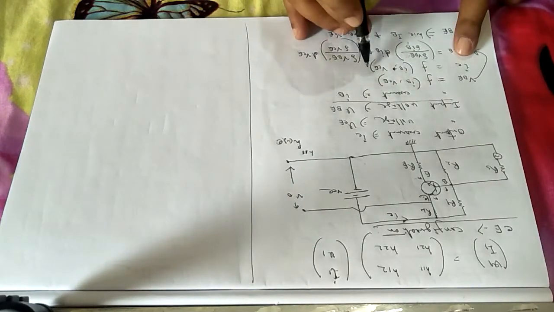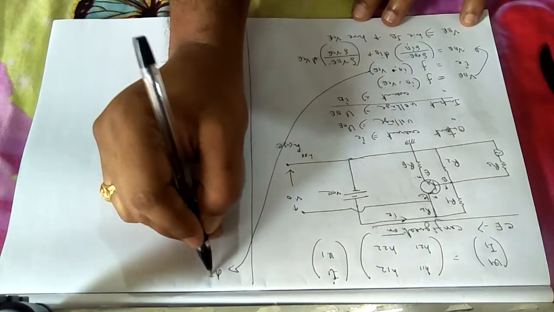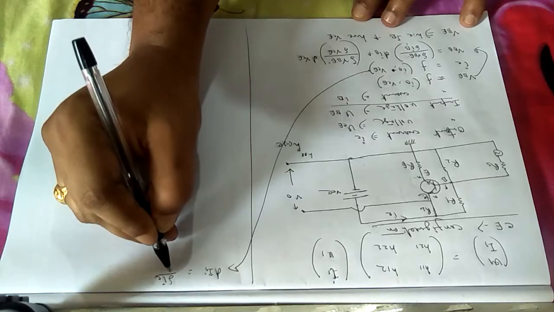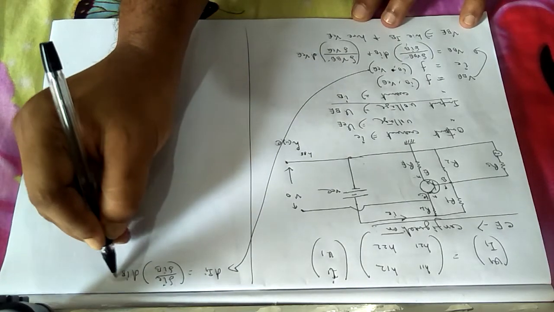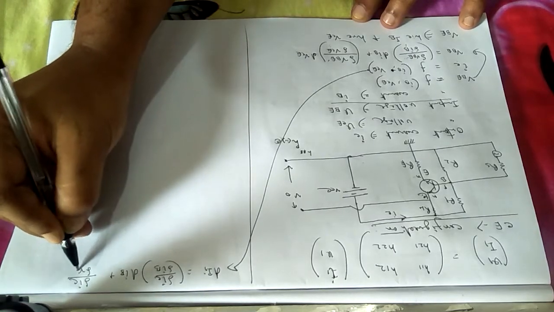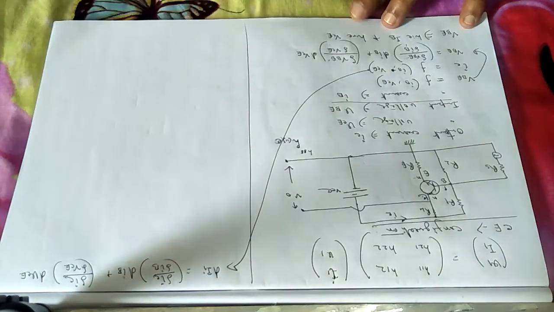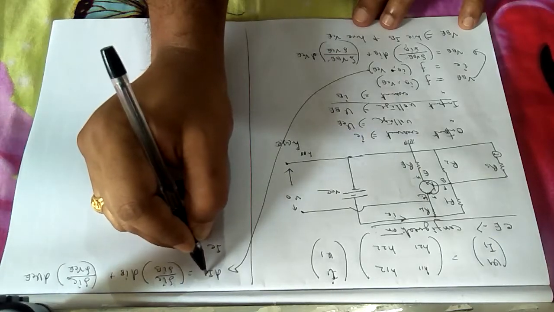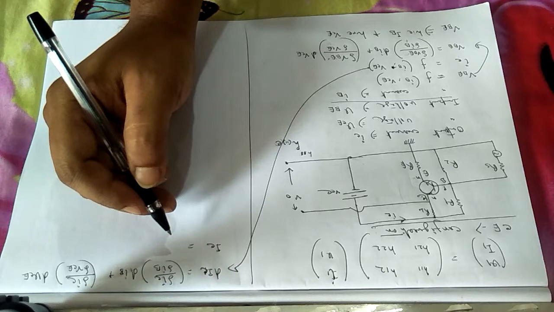Now I am considering the second equation, this equation. From that I can write dIC equals del IC divided by del IB into dIB plus del IC divided by del VCE into dVCE. Okay, so I can write IC equals to, now you have to understand the parameters again.